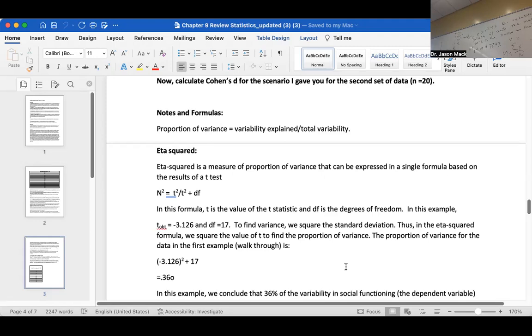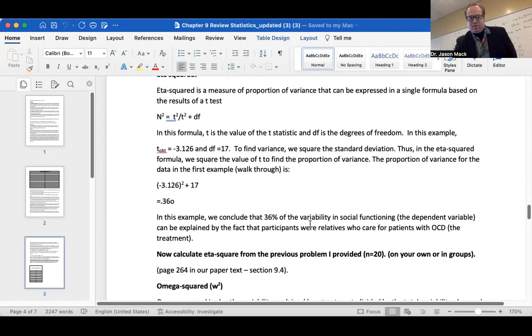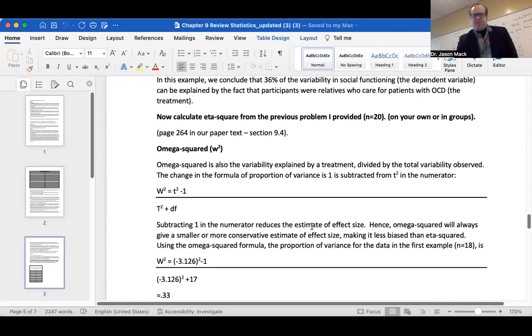Ready for omega? Yeah, omega squared, ω². Not sure why they chose ω²; I feel like it's not representative of omega. Omega squared is also the variability explained by a treatment divided by the total variability observed. The change in the formula of proportion of variance is 1 subtracted from t squared in the numerator.